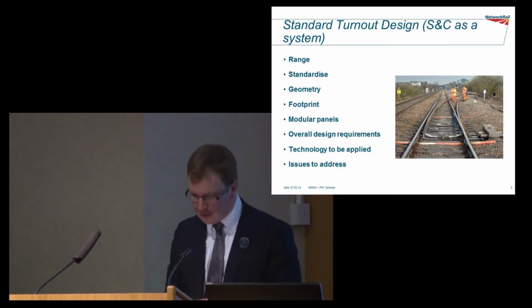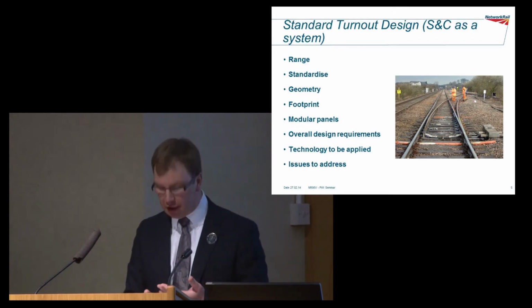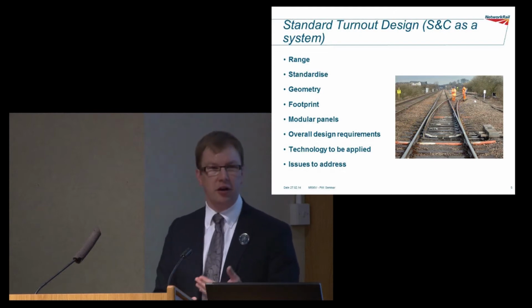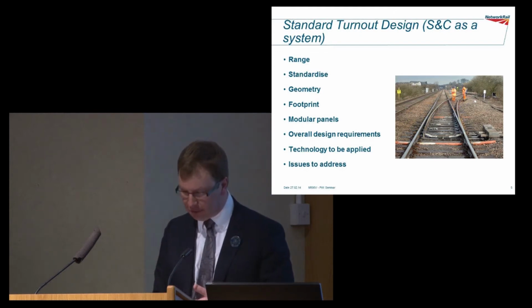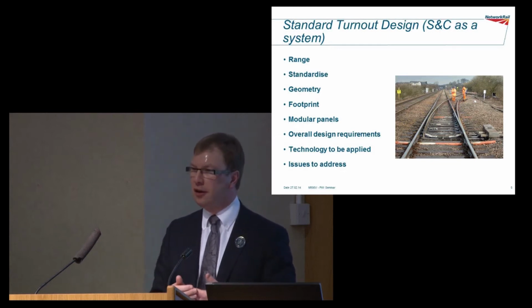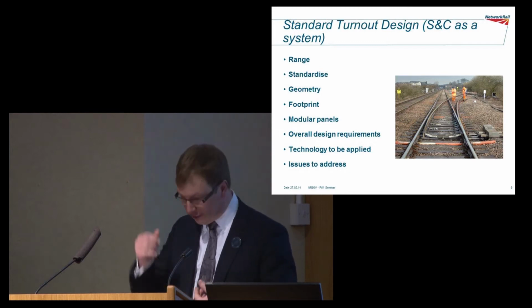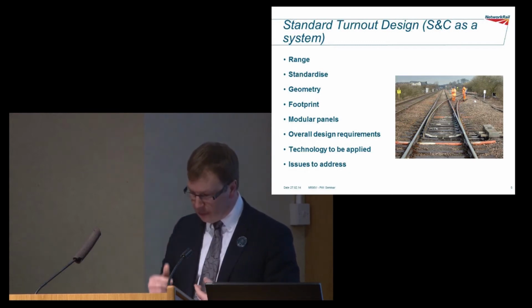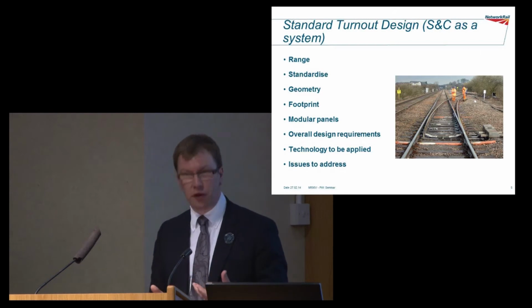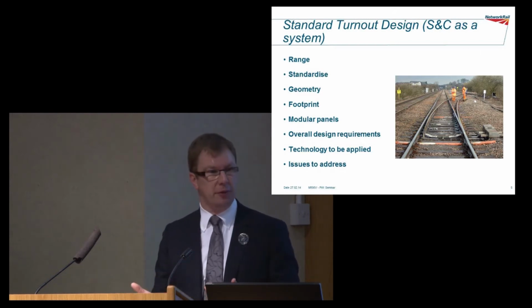So we need to define the range, the sizes, whether we're talking about turnouts and crossovers and double junctions, whether we're going to include complex S&C. We need to think about standardisation. It's a word I'm going to use a lot this morning. But we need to think about which aspects we want to standardise. We need to think about what the main reasons for carrying out the design are. Is it speed? Is it performance? Is it cost?